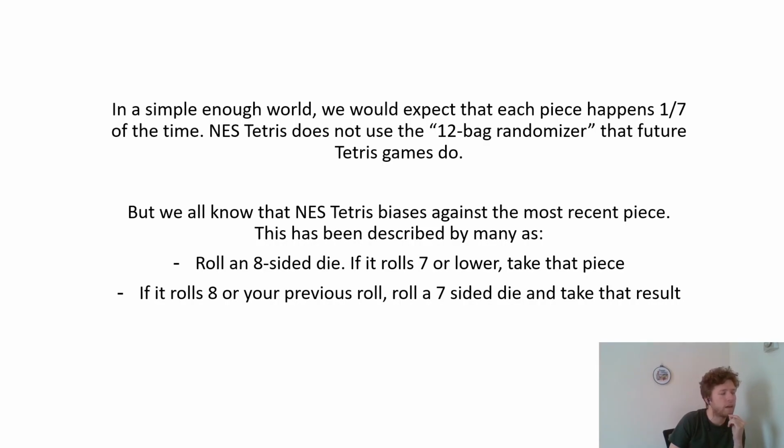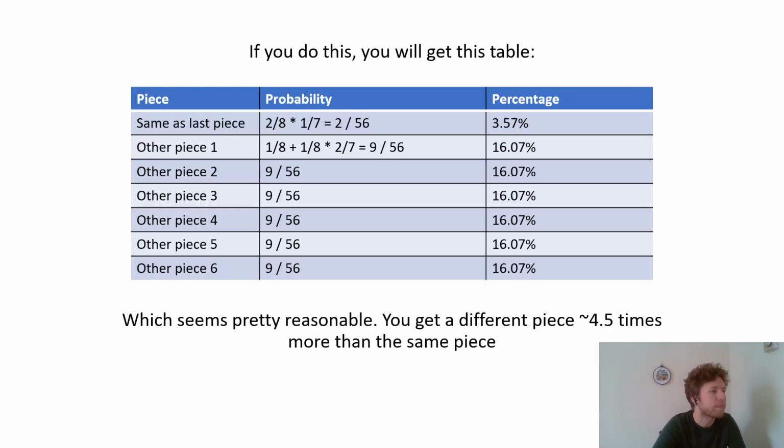Let's first say it this way. If it rolls 8, or if it rolls whatever the previous piece was, then we do a re-roll. You would then roll a 7-sided die, and you take that result. If it repeats the previous piece on that re-roll, then you take it. That's fine. And obviously, if you just roll the 8-sided die and it comes up 1 to 7, not repeating your previous roll, then just take that piece anyway.